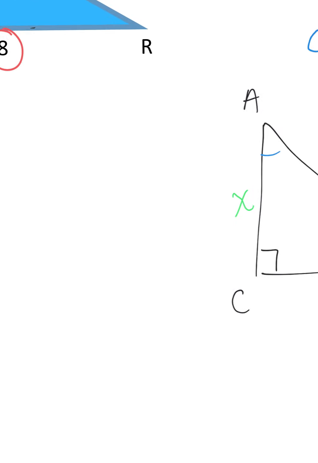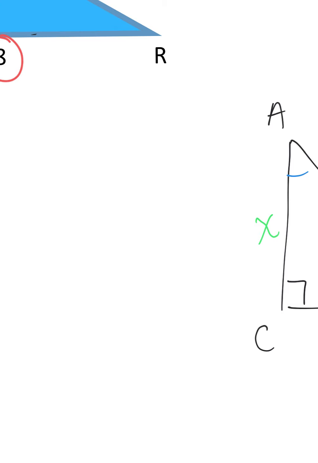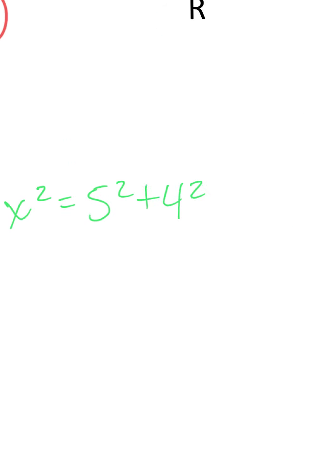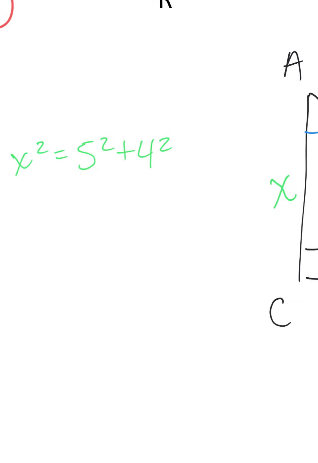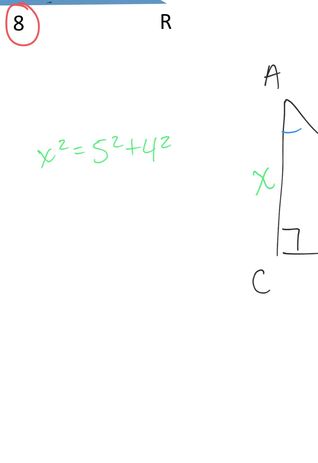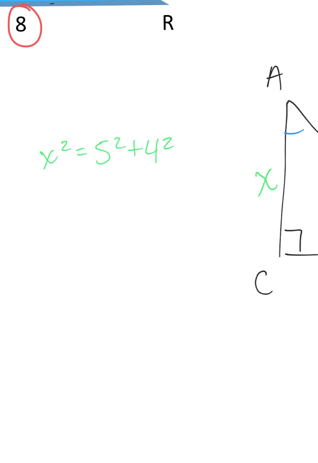Yes, x squared plus 4 squared equals 5 squared. I'm going to set it up a different way though, and tell me why I'm wrong. X squared equals 5 squared plus 4 squared. Why is this incorrect? Because the hypotenuse is 5. Very good.